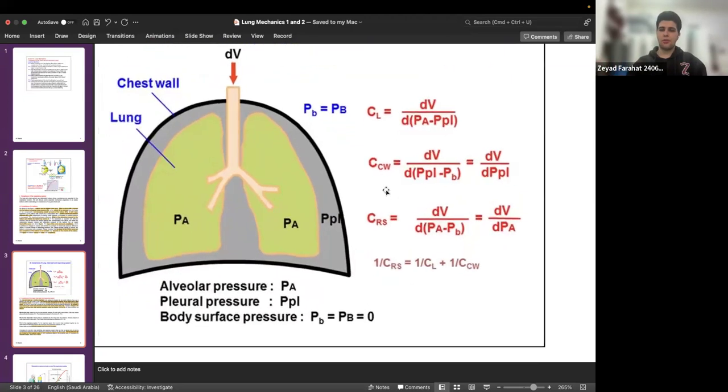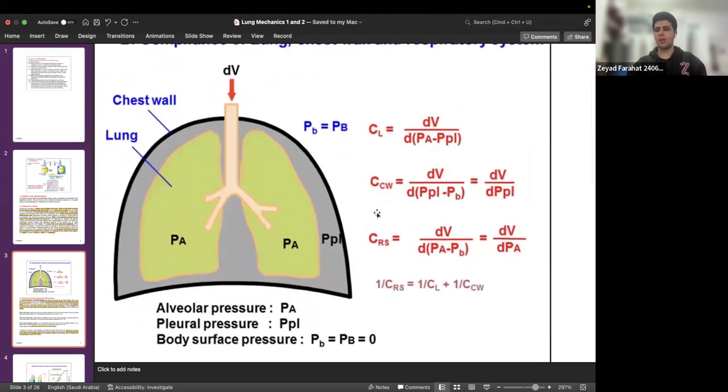All right. So say for example you have the chest wall compliance and the lung compliance, and you want to find the respiratory system's compliance. It does not seem intuitive, but this might be a question as well.